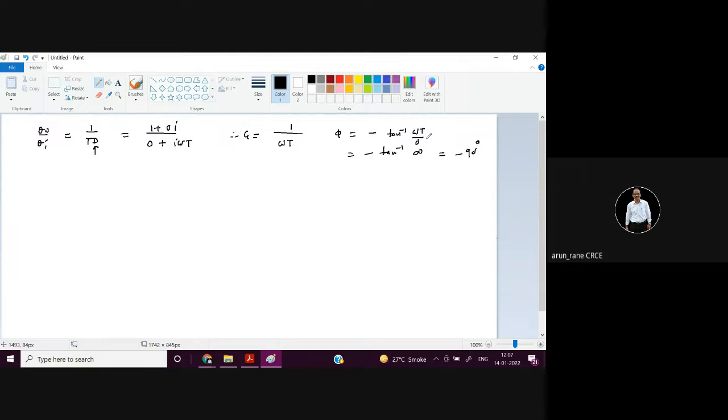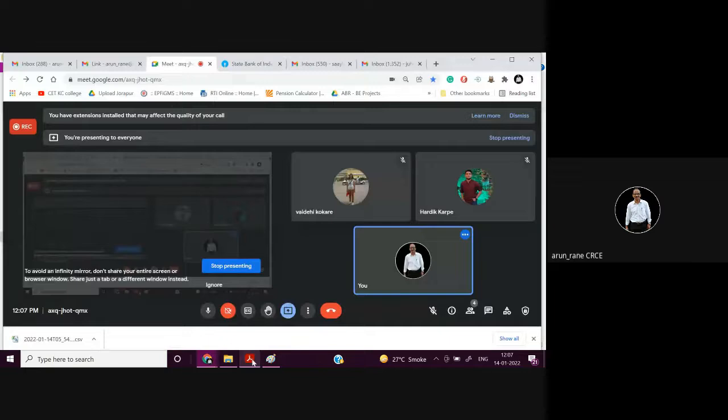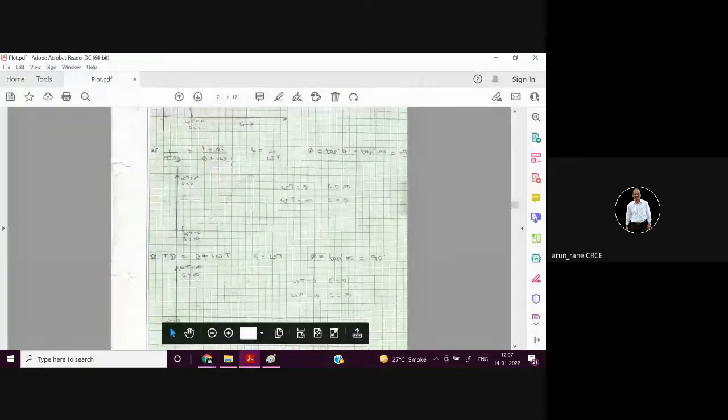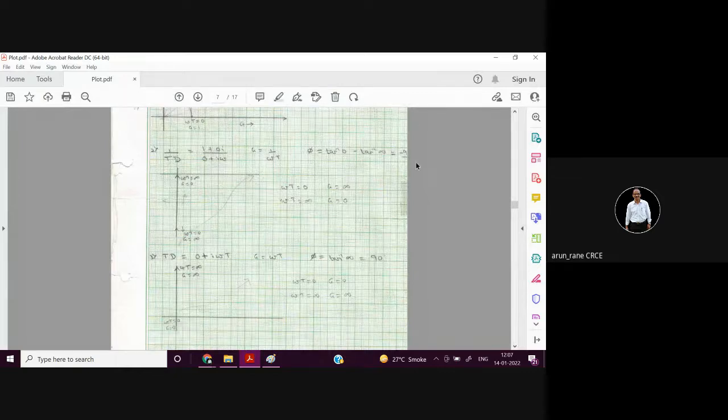So your graph will come in the fourth quadrant.